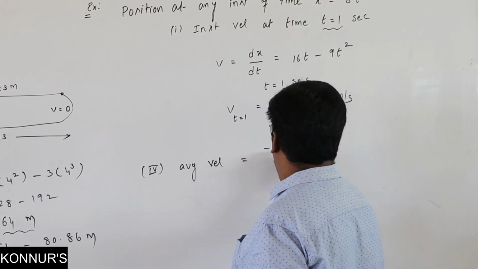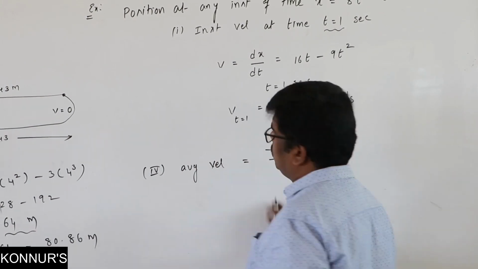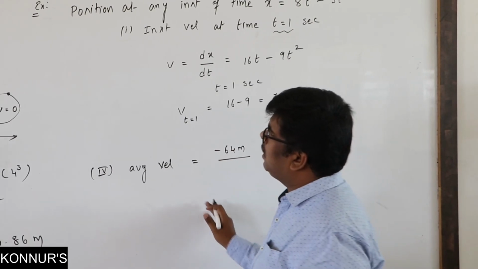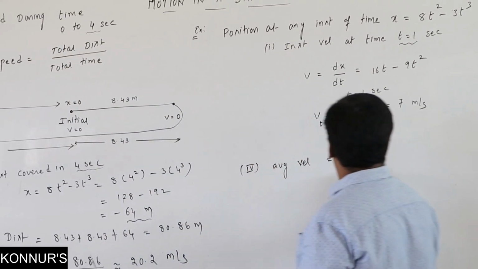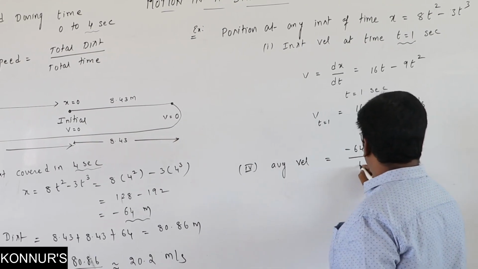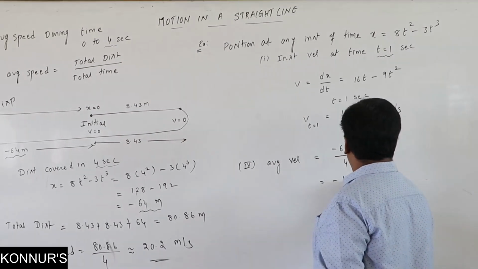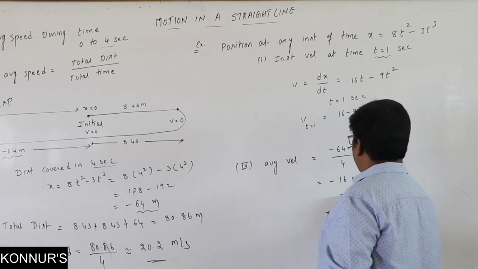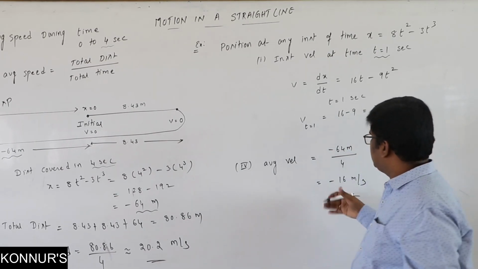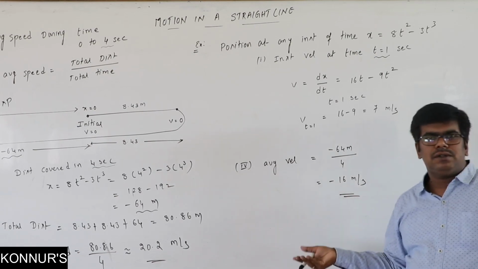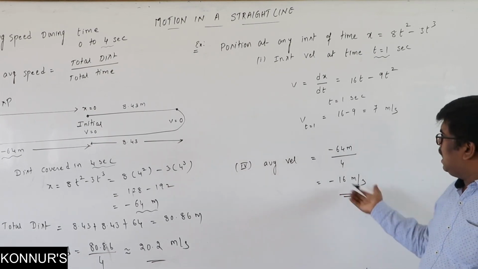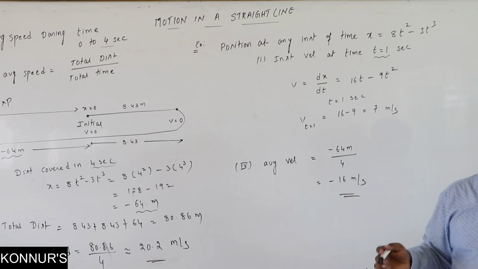So average velocity is minus 64 meters over the total time interval, which is 4 seconds. So average velocity is minus 16 meters per second. Because we know velocity may be positive, negative or 0, displacement is positive, negative or 0. That's why average velocity also may be positive, negative or 0.